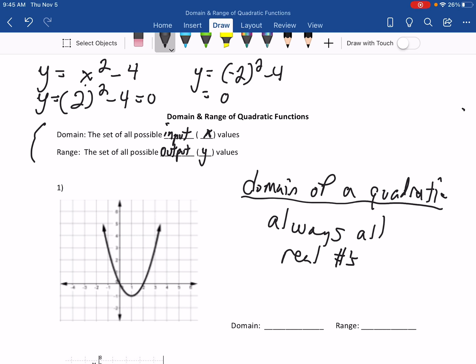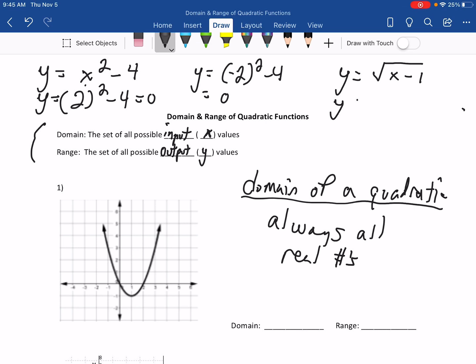Versus, here's something that would have what's called a restricted domain. This is not a quadratic function, this is a square root function. Let's say we had y equals square root of x minus 1. Let's see what happens if I try to use negative 3 as the domain value.